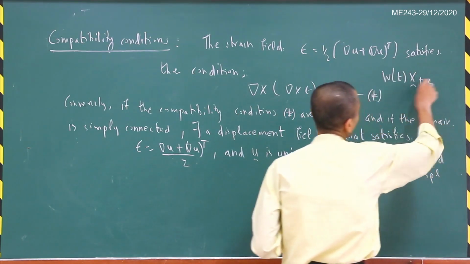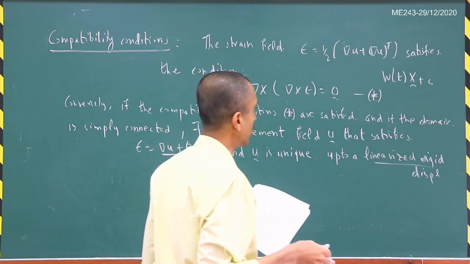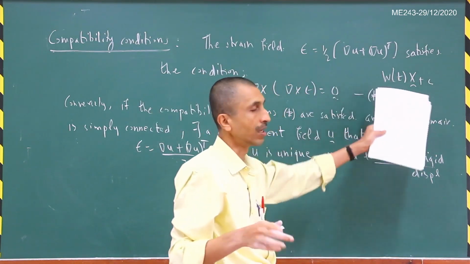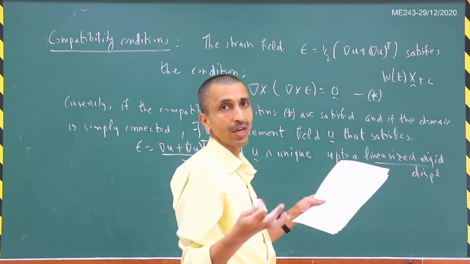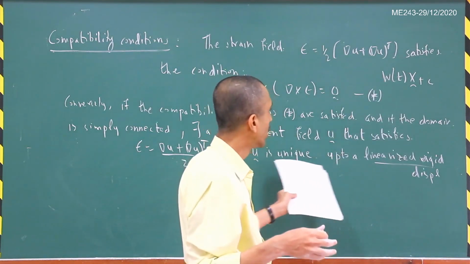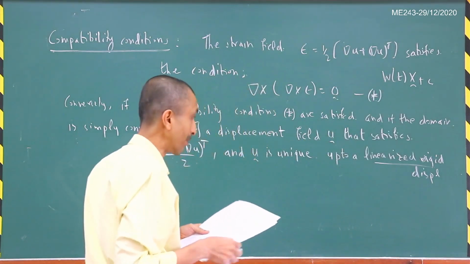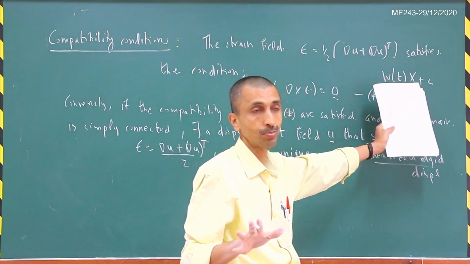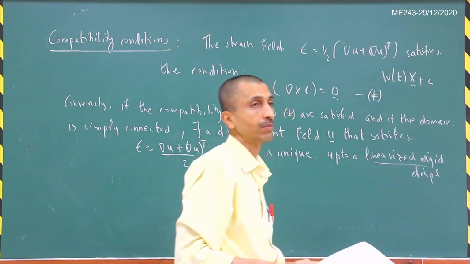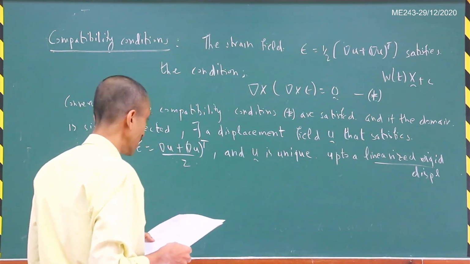Because this just results in a zero strain. So you can always add this term to whatever displacement field you have, and the strain will remain the same. But if you somehow suppress this particular part, then the displacement field is unique. Okay, so that is what it basically says here.